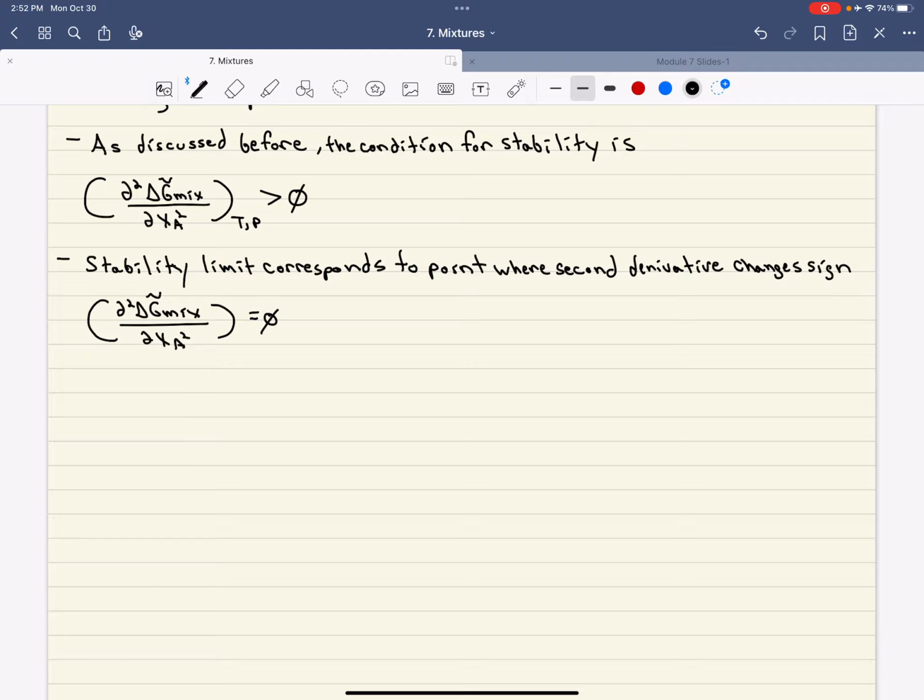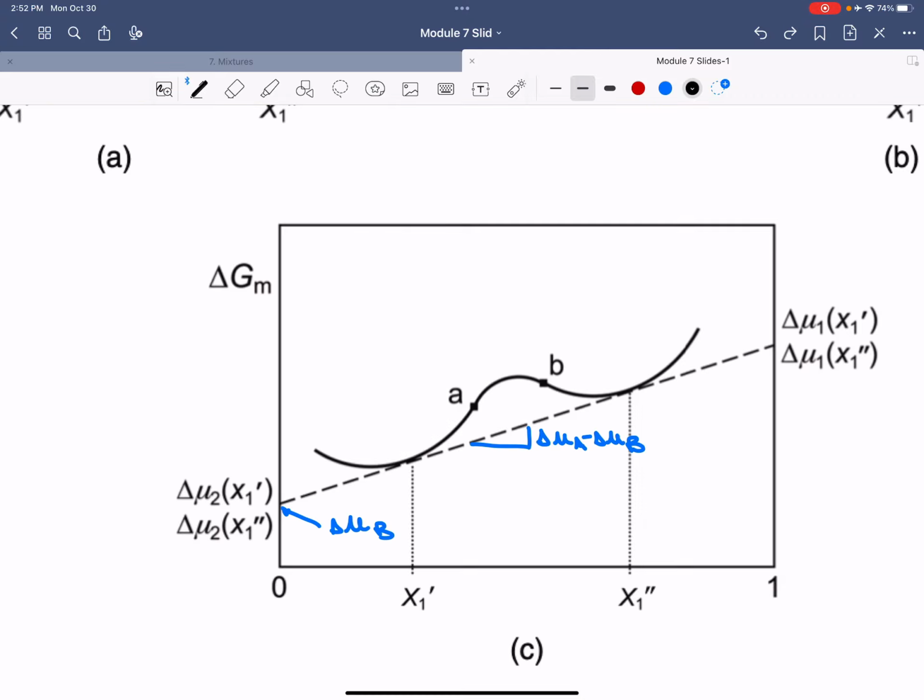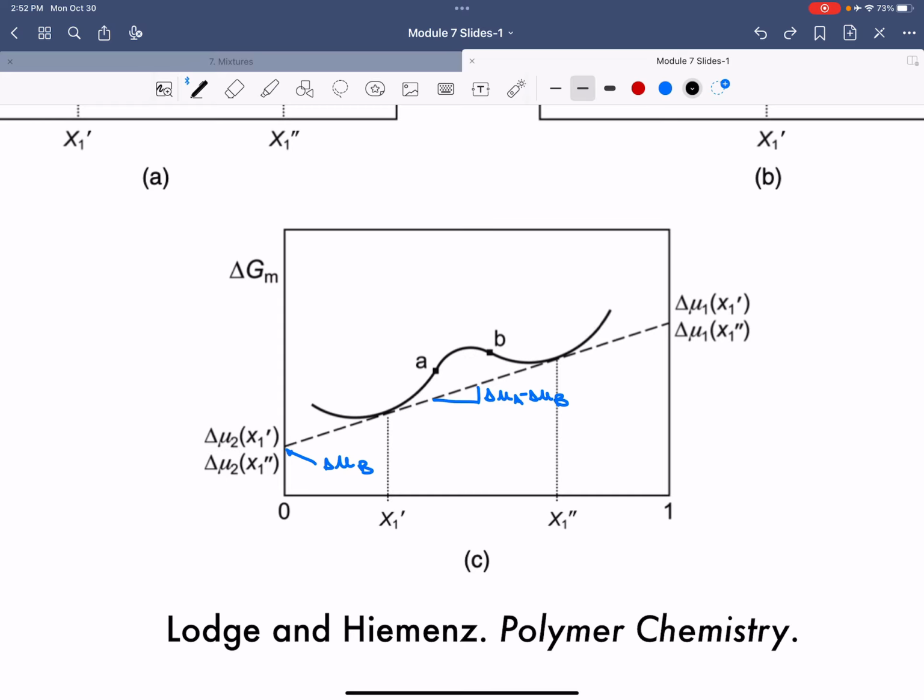To visualize what's going on, we could return to this figure here, okay? In the delta G mixing curve, we see that the curve has some sort of bump on it, right? Because this curve has a bump, or essentially a maximum, we see that in this region the curve is concave down, right?